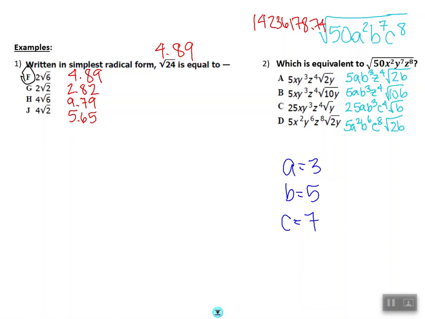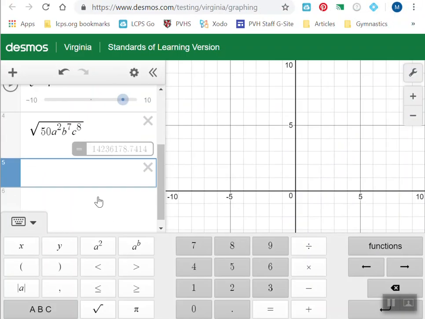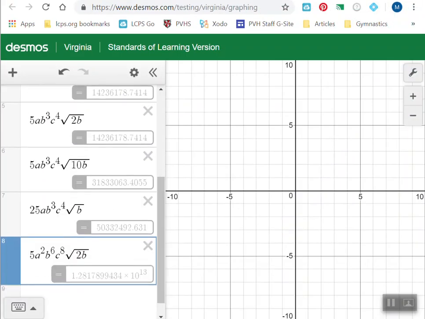Then I'm going to type each of my answer choices into Desmos as well. So here I have my 4 answer choices. I'm going to go ahead and jot down these numbers.